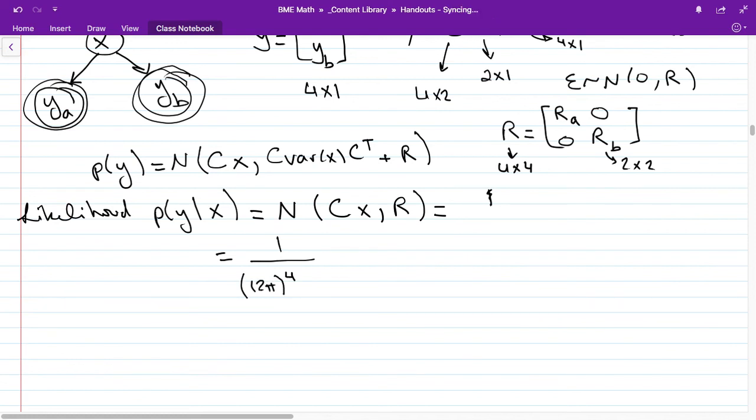So we have a vector of size 4 and a matrix that has a determinant represented this way.